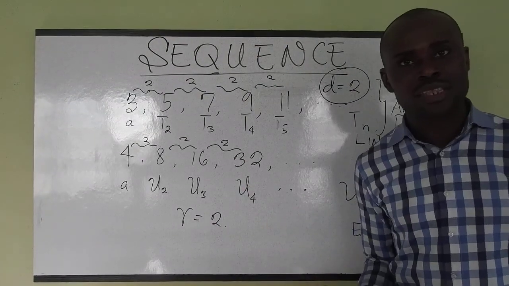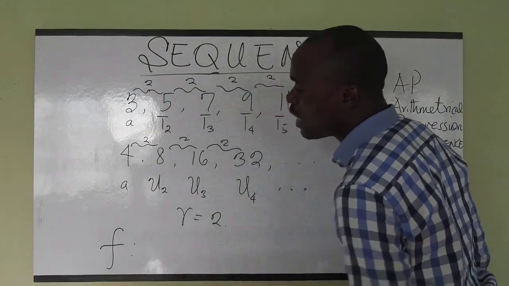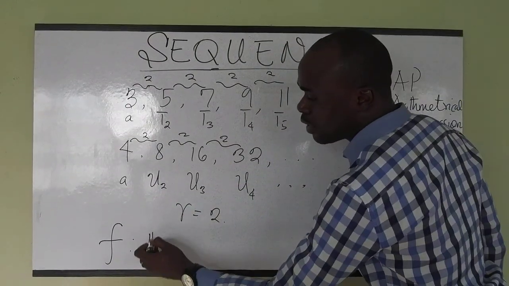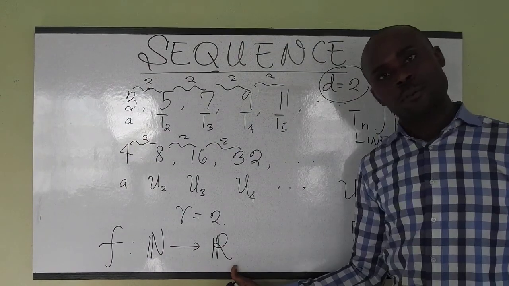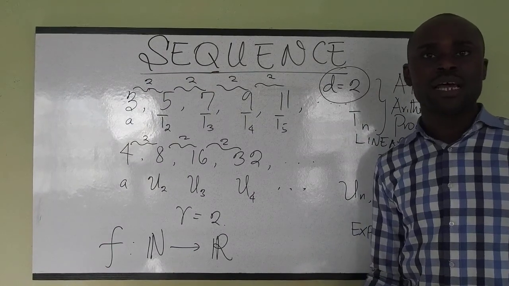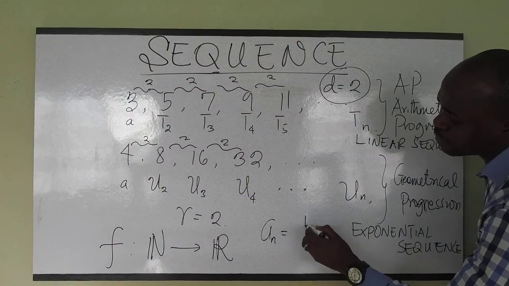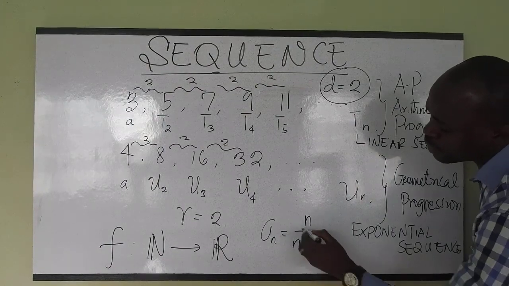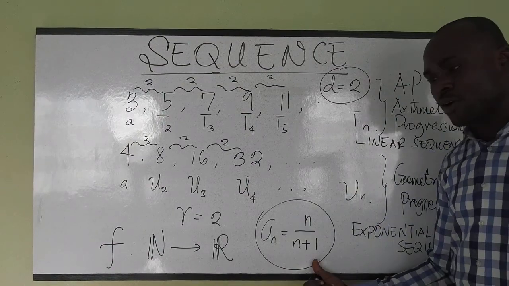In general, what is now a sequence? A sequence is actually a function such that when you put in a natural number, you get a real number, or even a complex number. I don't want to go into this, but let's just talk about the real number. For instance, this is a sequence. I don't know whether it is geometrical or arithmetical, but it is a sequence.